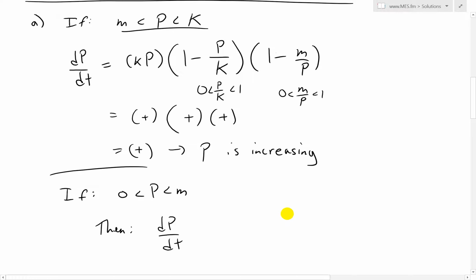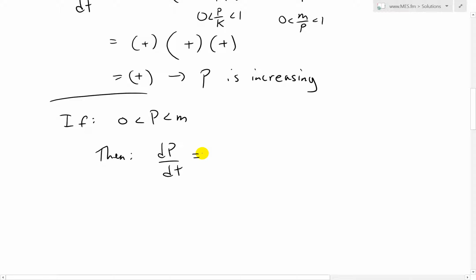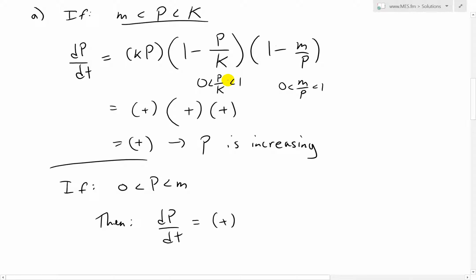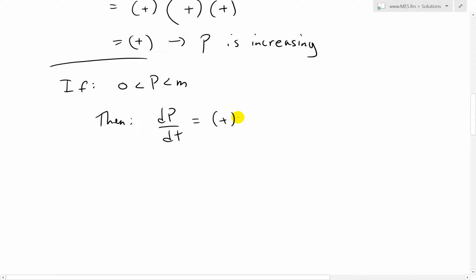What we get now is this kp is still positive. K is a positive constant. And then what we have here, nothing's really changed, because p is less than m, which is less than K. So then it's still going to be a fraction that's less than 1, but greater than 0.